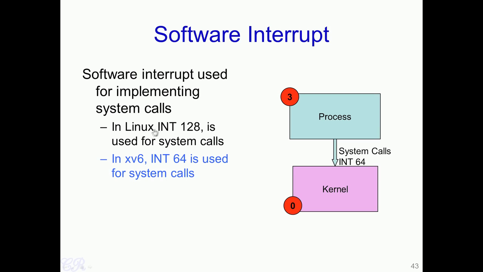Therefore, in a Linux OS, if an INT 128 is executed in the user process, it would lead to an interrupt and cause the kernel or the operating system to execute, and thereafter the OS would execute code depending on the interrupt. In xv6, the software interrupt used to implement system calls is 64, so an instruction like INT 64 in the user process would be meant to implement a system call.